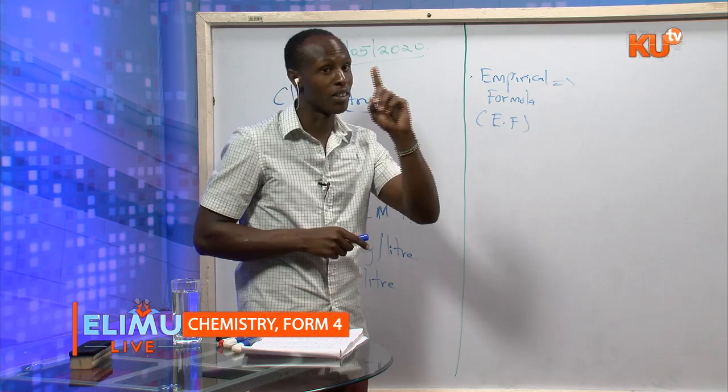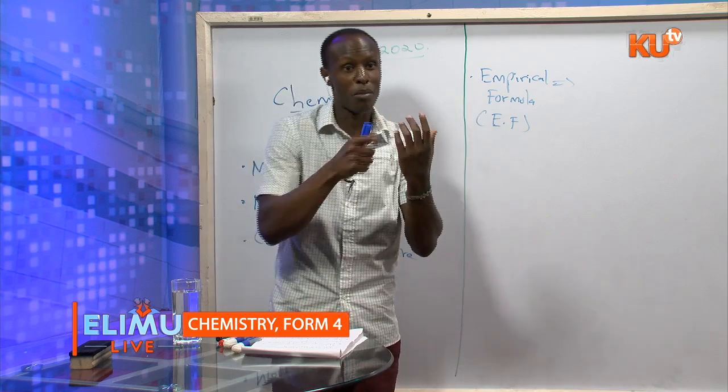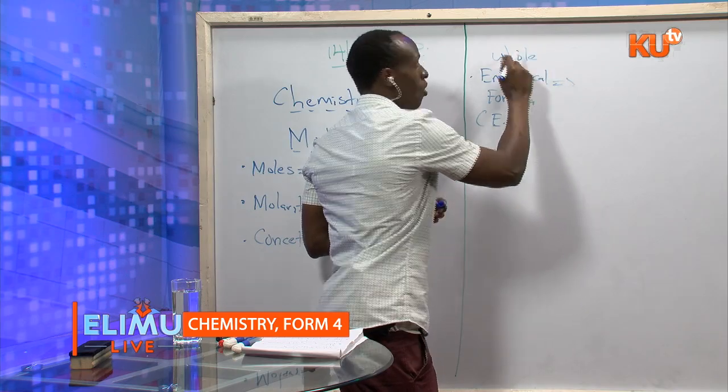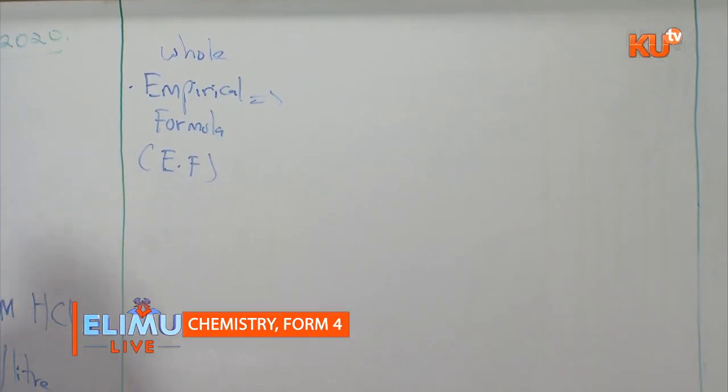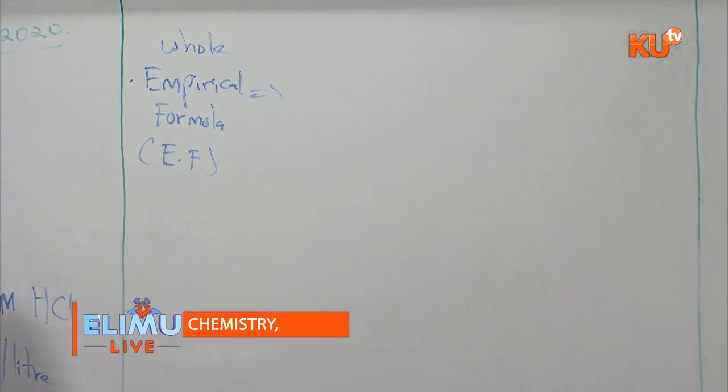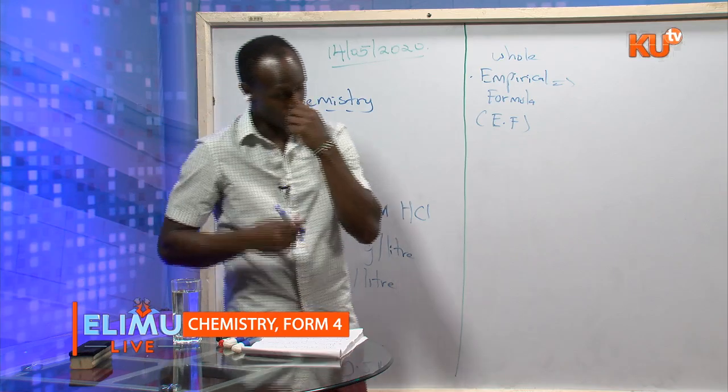The key word is whole number, not whole as in full. It shows the simplest whole number ratio in which atoms combine to form the compound.